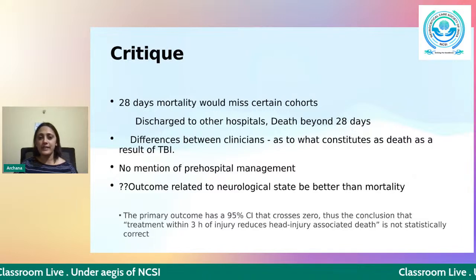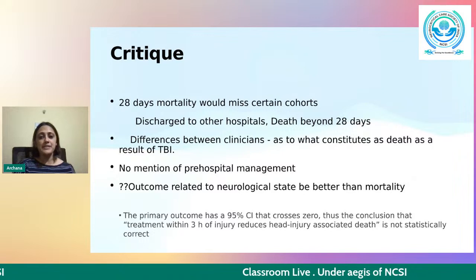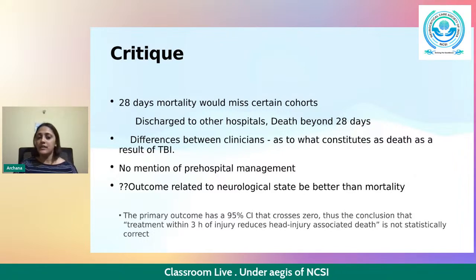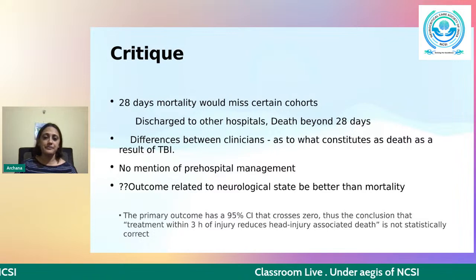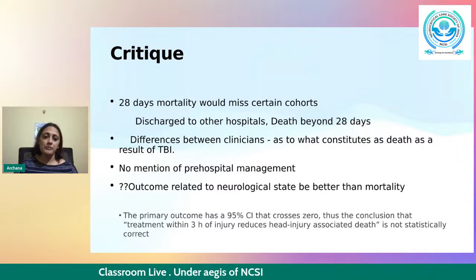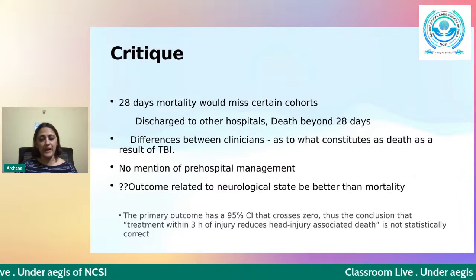This study was critiqued as 28 day mortality would miss certain cohorts. That is, many patients were discharged to other hospitals, and a death beyond 28 days was not accounted for. And in this study, there was no mention of pre-hospital management.